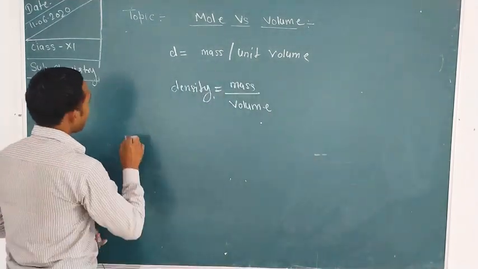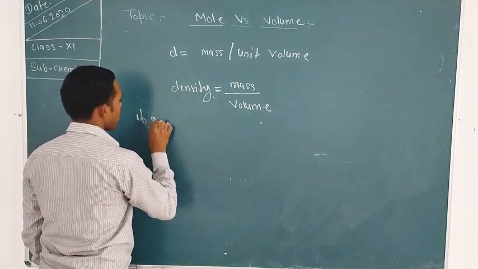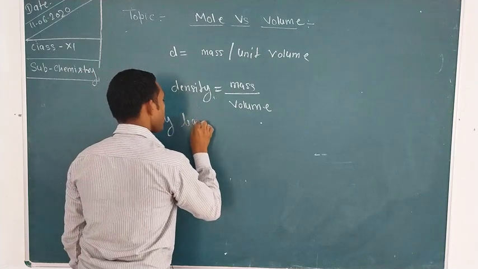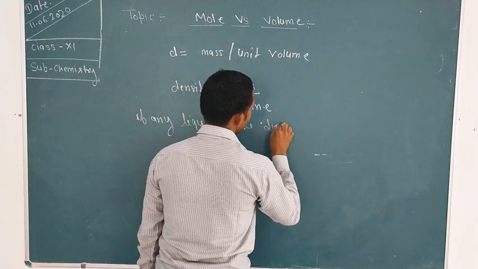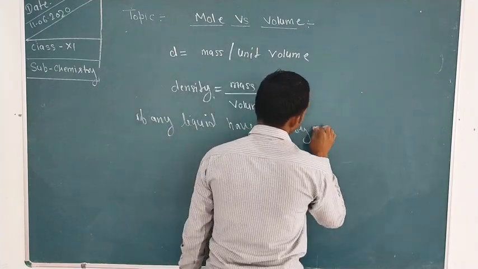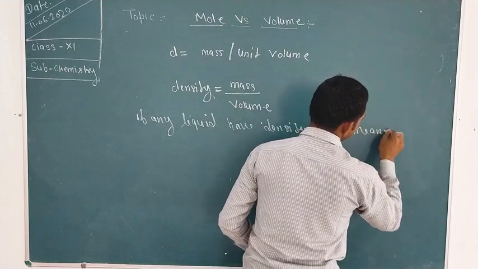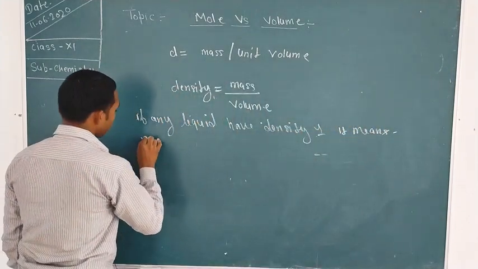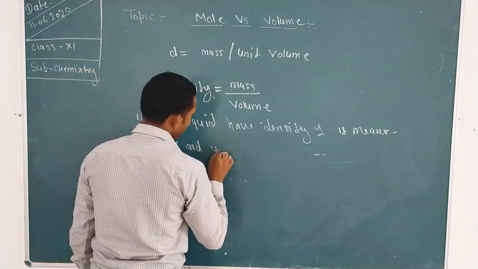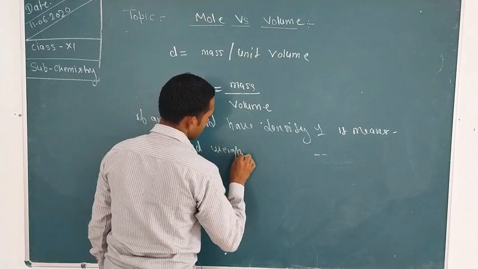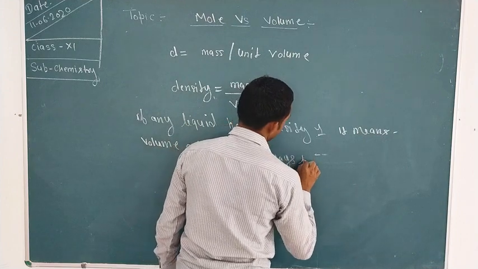Okay. So if any liquid has density 1, it means its volume and weight are always equal.